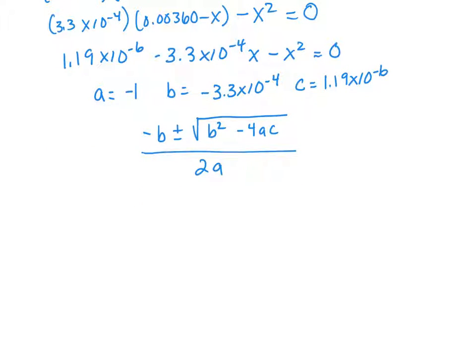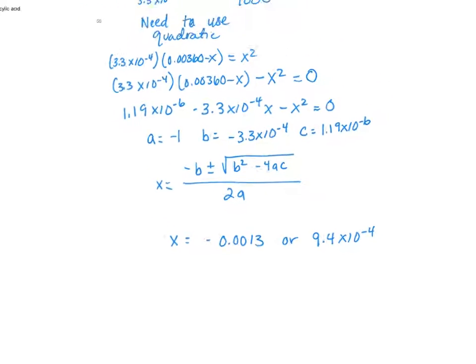And so you can plug and chug away at that, and you should end up with x equal to minus 0.0013, or 9.4 times 10 to the minus 4.